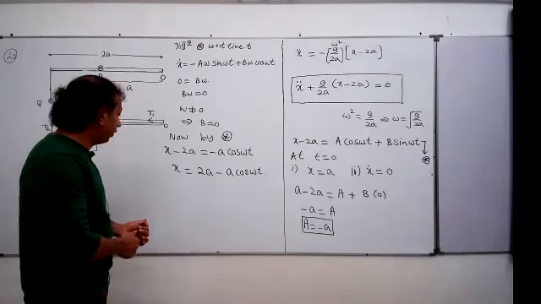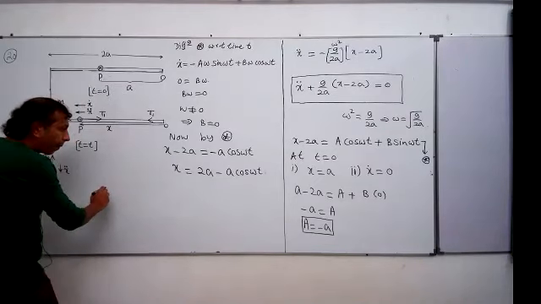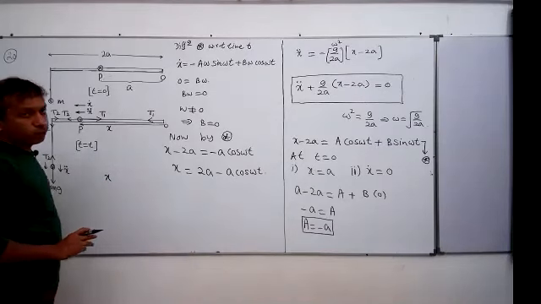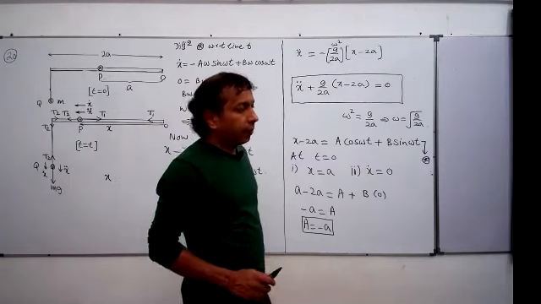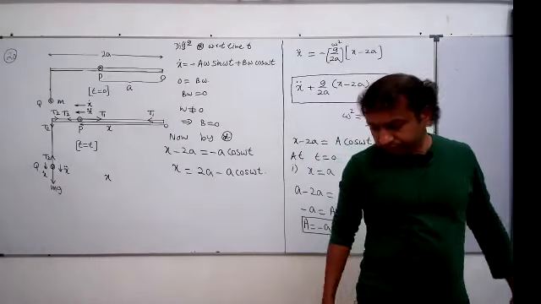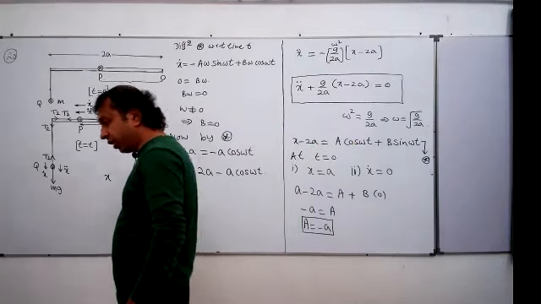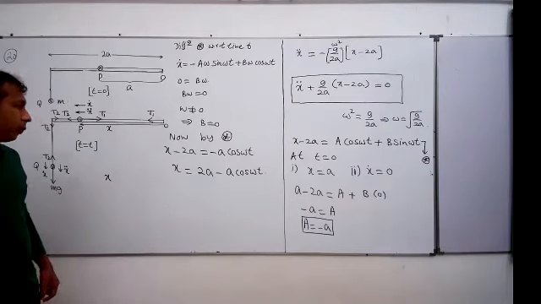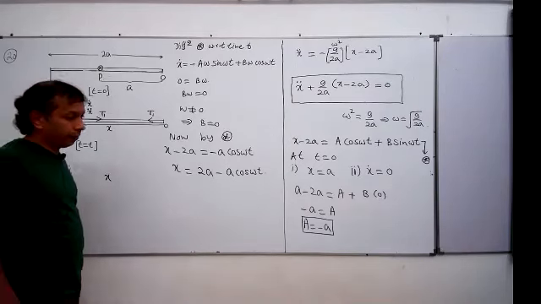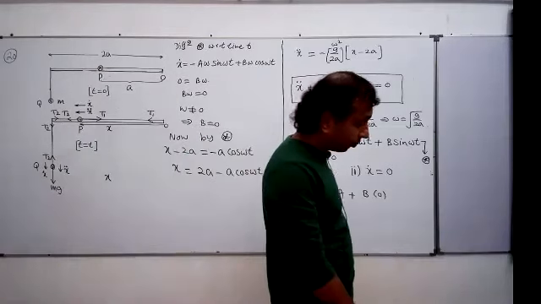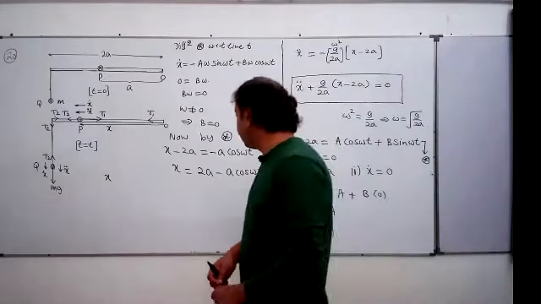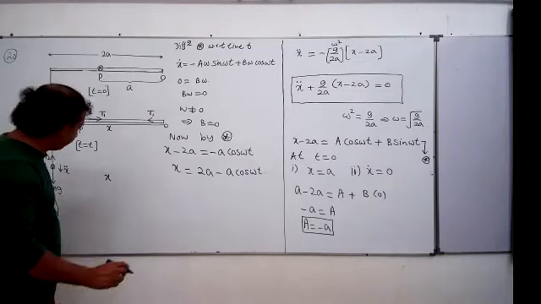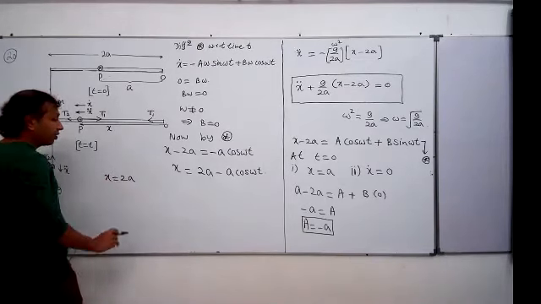Okay, then we can write: the time the particle P takes to reach the edge of the table can be found by putting x equals 2a in the above relation.